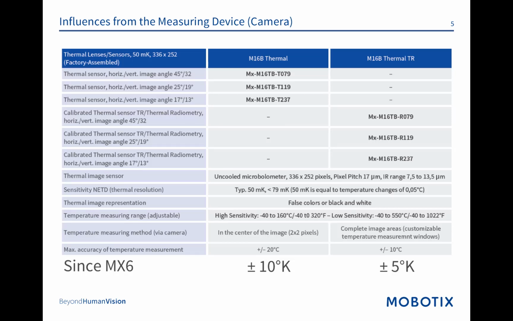Yeah, so this is first of all important, that we have a very high accuracy for the thermal sensor, what is plus minus 5 degrees Kelvin, for this TR sensor. So this is something what we need to keep in mind.